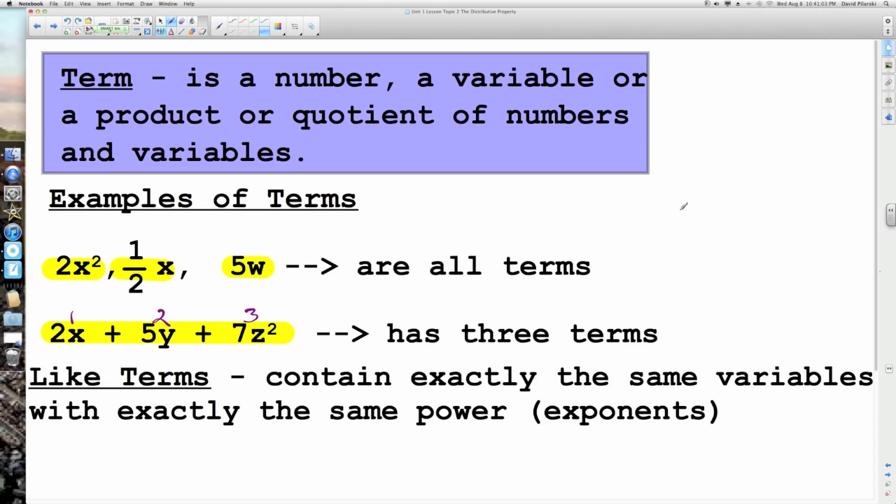If we wrote this down, 2x plus 4x, this has two terms, and 2x and 4x are what we would call like terms. Okay, you got to understand that. Like terms you're going to learn are going to be able to be combined.